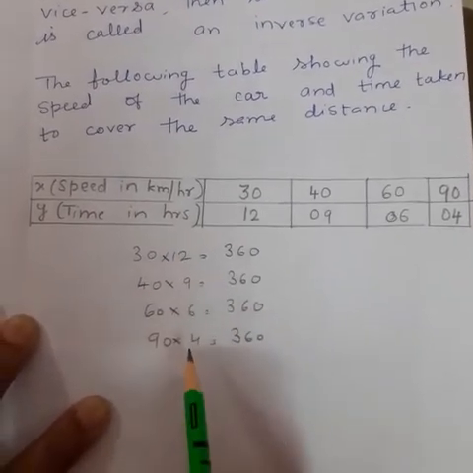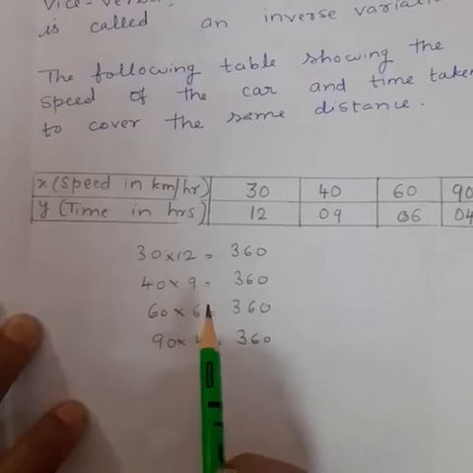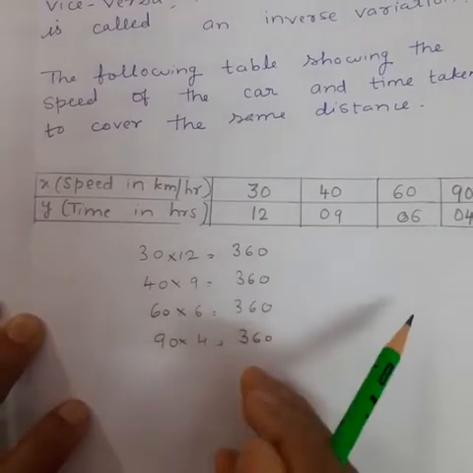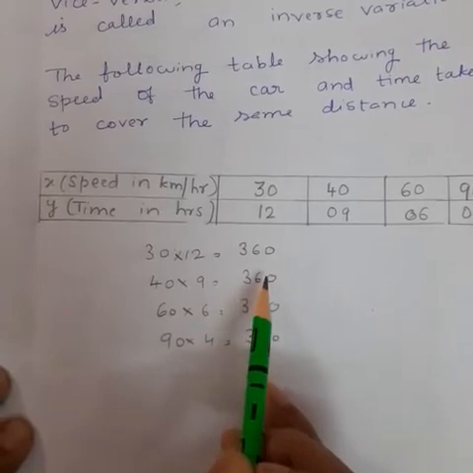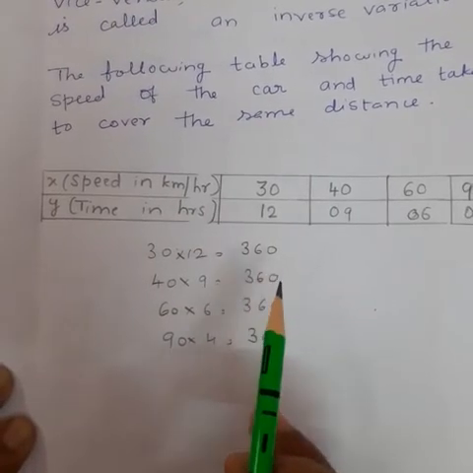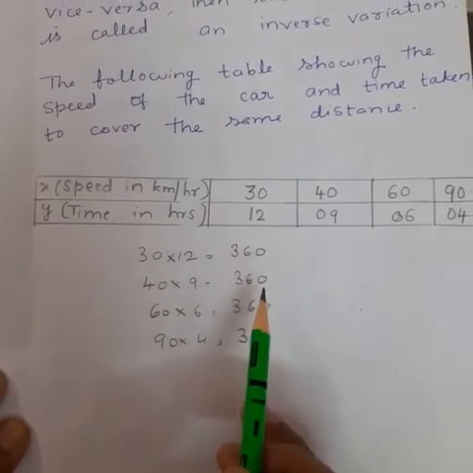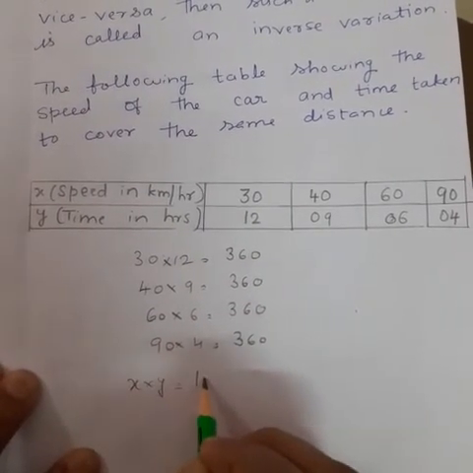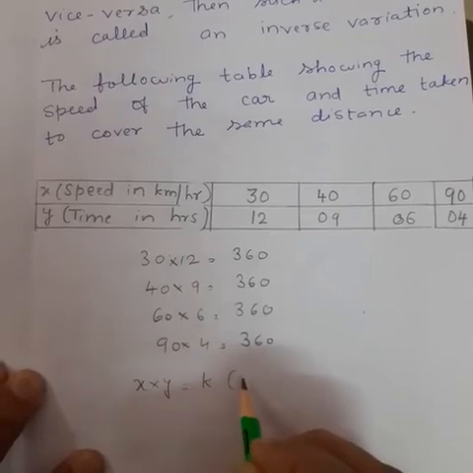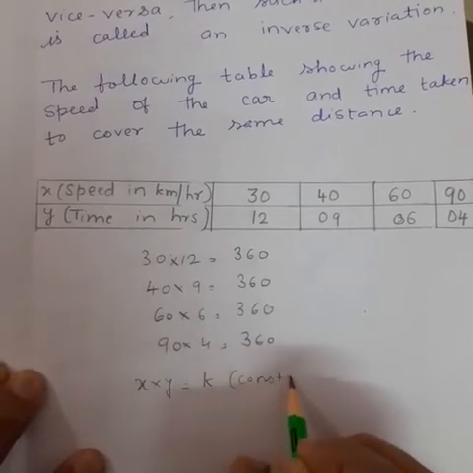Did you notice this? The product of different speeds and corresponding times always comes to be the same, that is 360. In other words, x into y does not change, it remains a constant. That is, x into y is equal to a constant, k.